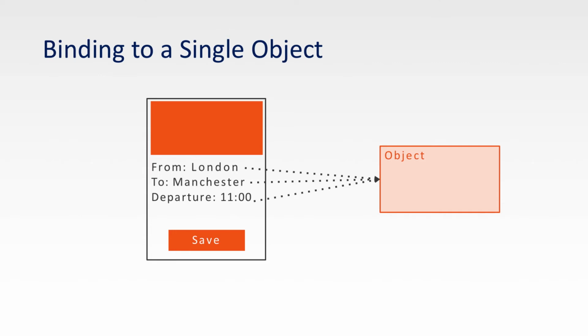These properties can be bound to this object, and the departure, which is 11 o'clock, can also be bound to this object, and it can be converted to a certain time or date format. We have the save functionality, which is a command. It also can be bound to one of the properties, which is a command property living in the view model.